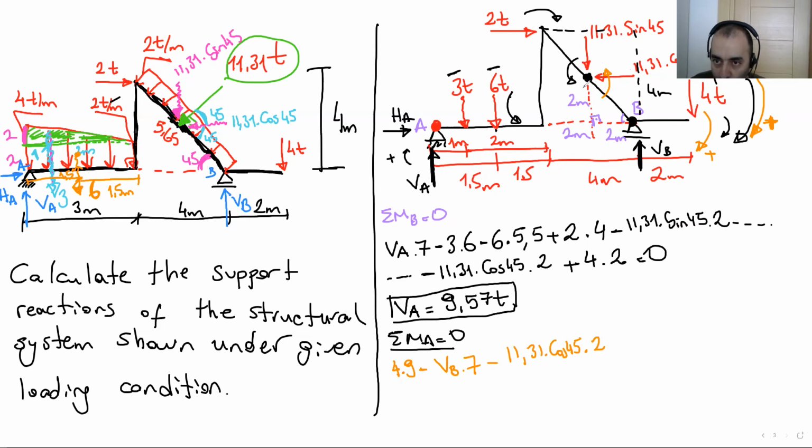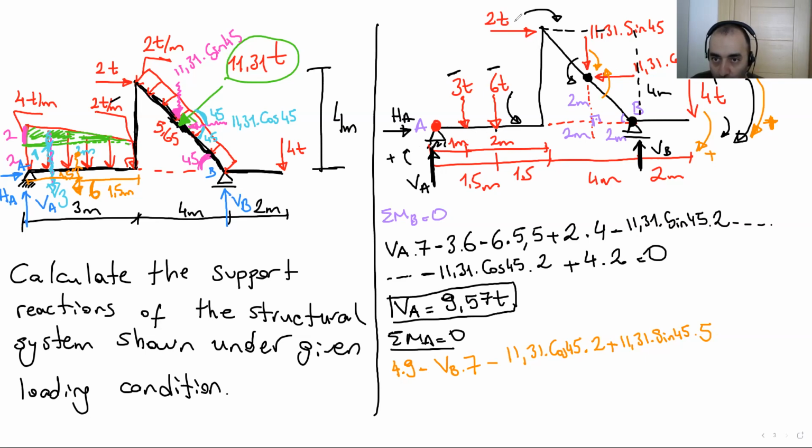Let's do the vertical one. The vertical one rotates the system in this direction, so it's in positive direction. 11.31 times sine 45 times distance 2, 4, and one more here, 5 meter. We did both of these loads at the midpoint here.